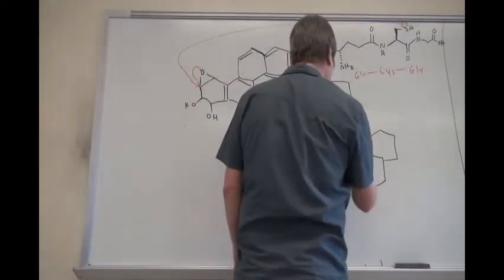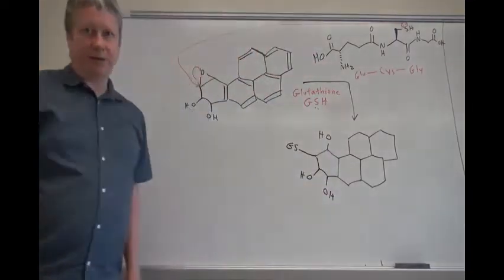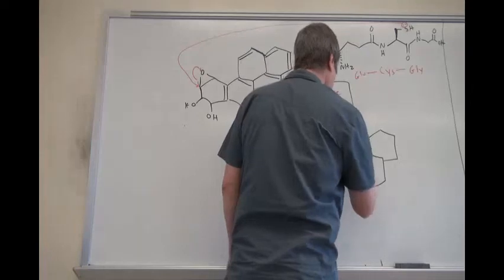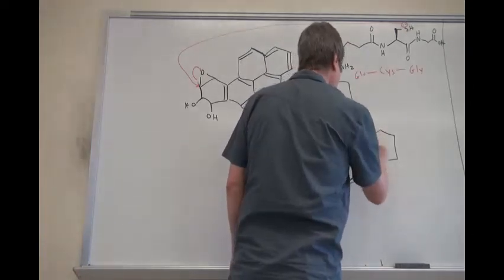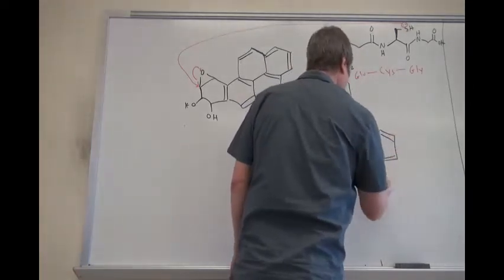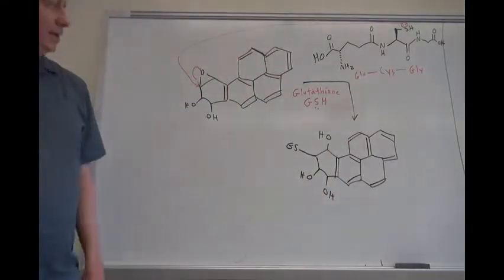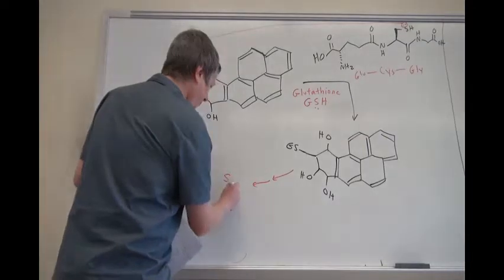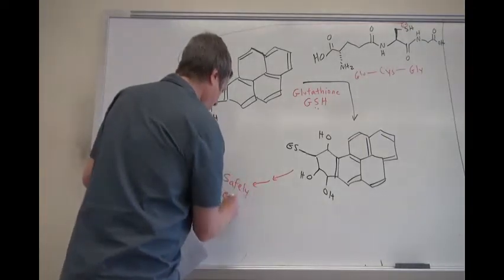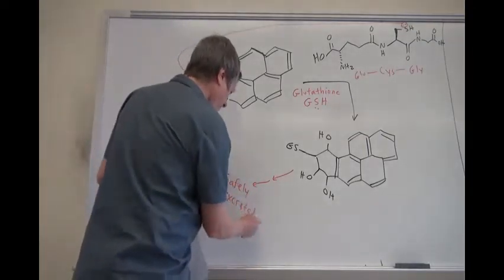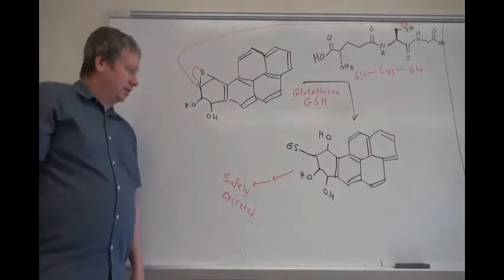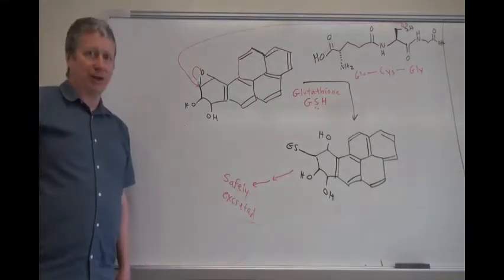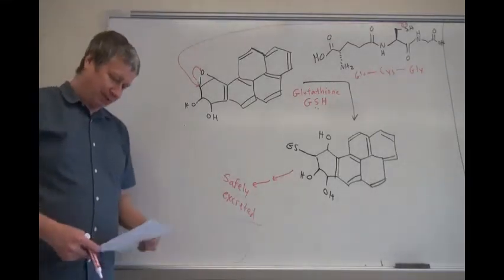And fill in your double bonds. I think I did that right. Yeah, that's right. Now this can be safely excreted. The goal of glutathione, as a nucleophilic scavenger, is to destroy electrophiles and have them safely be excreted.